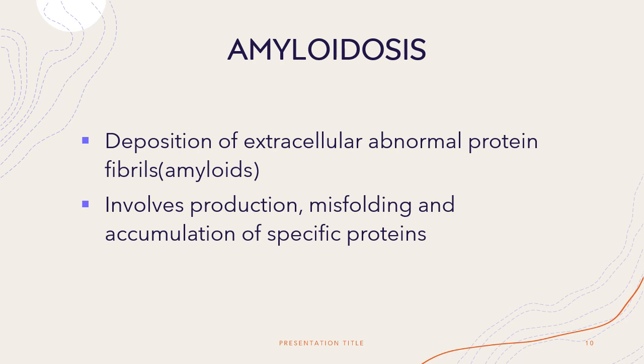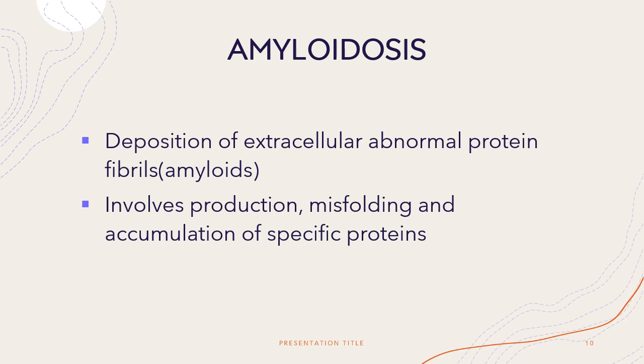It affects the production, misfolding, and accumulation of specific proteins. Common sites of deposition for amyloidosis are the kidneys, the heart, the spleen, and the liver.